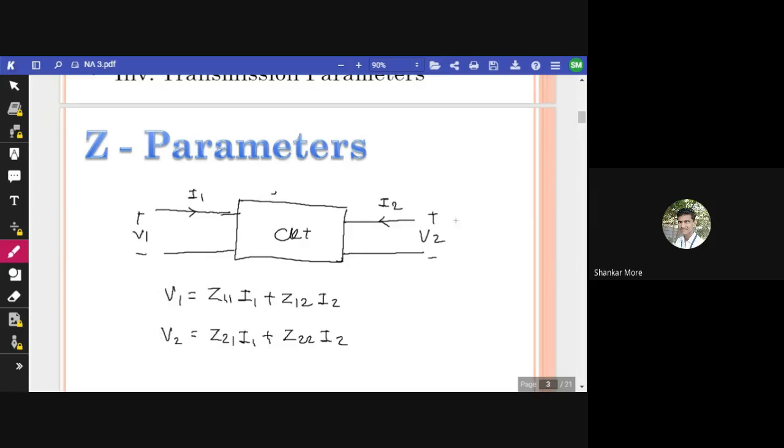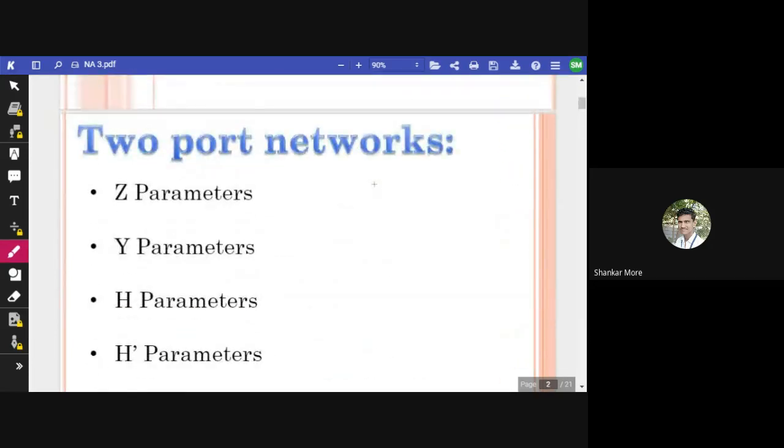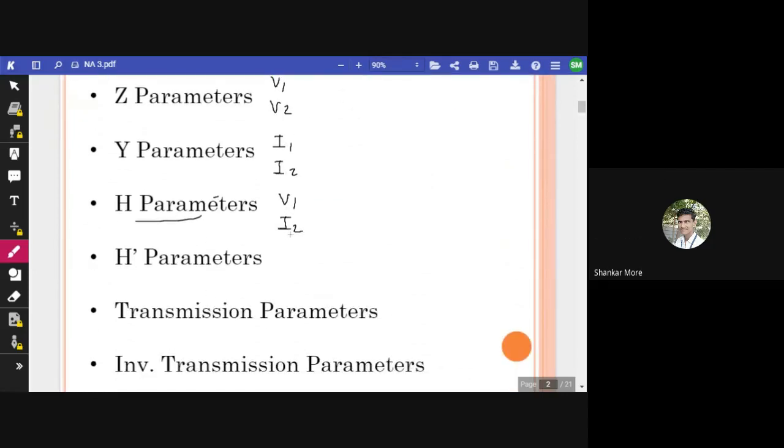Similarly, if we want to compare these parameters, it will be V1 V2 for Z parameters, I1 I2 for Y parameters, V1 I2 for H parameters, that is hybrid parameters.